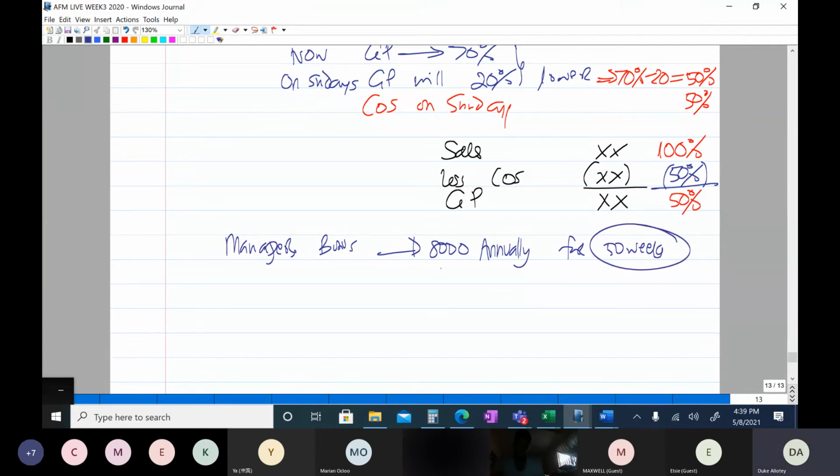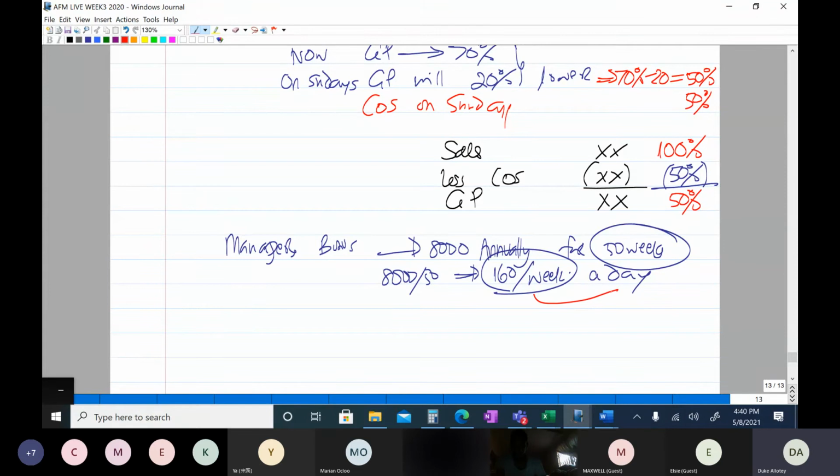Now, what it does mean is 8,000 divided by 50 gives him 160 a week. That is more or less like 160 a day. Why? Because it is only going to be Sundays.